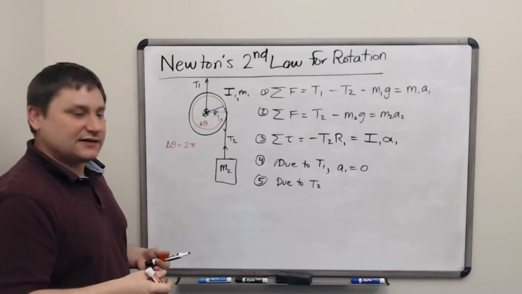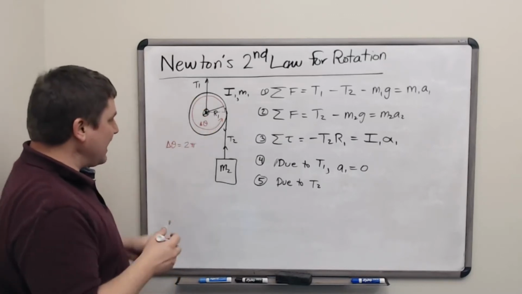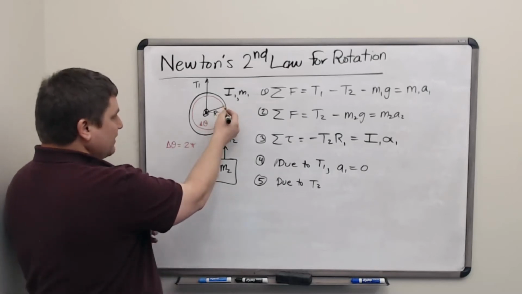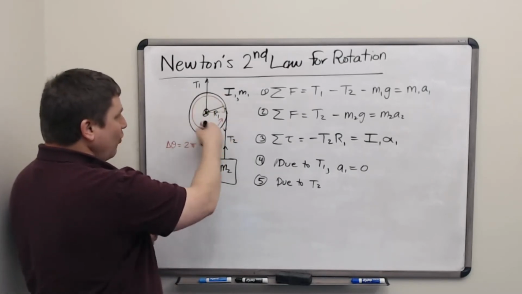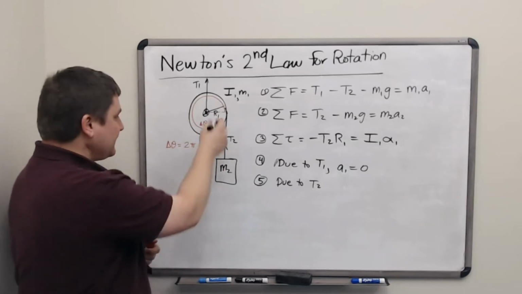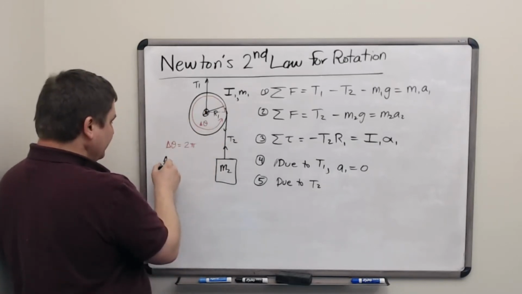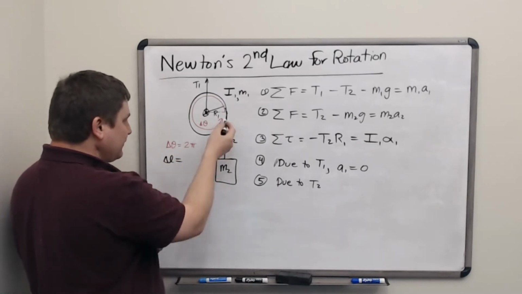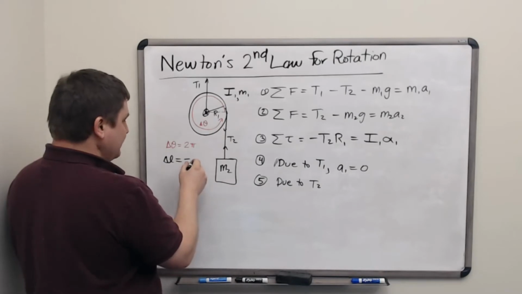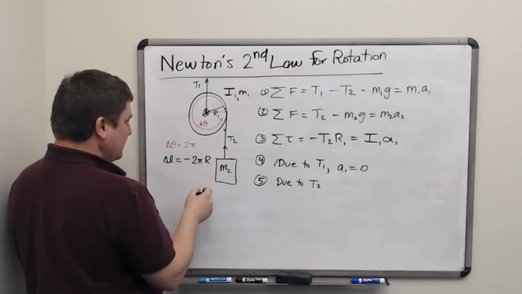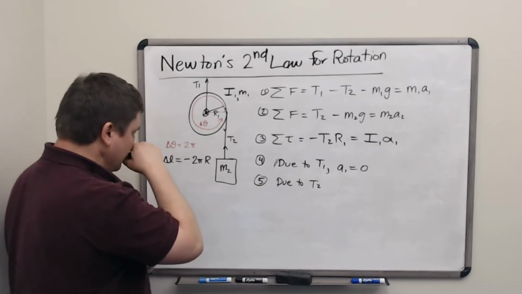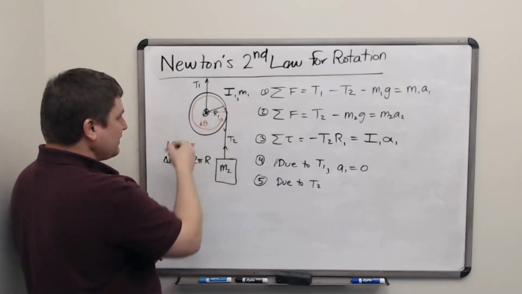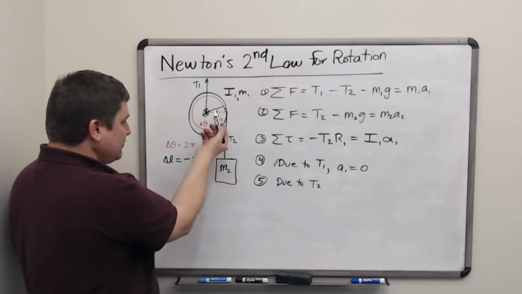If it were to do this by 2 pi radians all the way around, then the string would be wrapped up by 1 circumference more of the cylinder. So the string would get shorter by 2 pi r, just thinking about how the string would get pulled up. That means if the disk rotates counterclockwise, then the mass must move up.